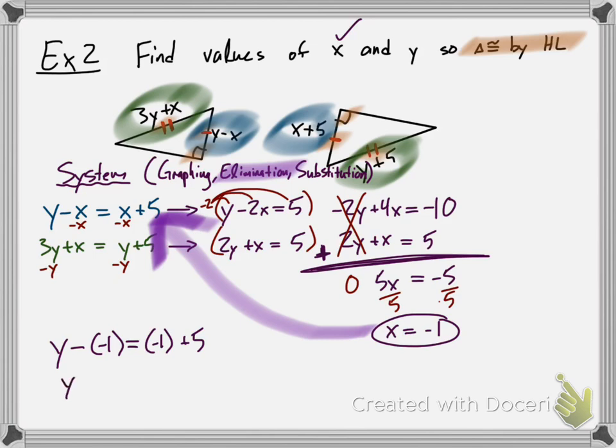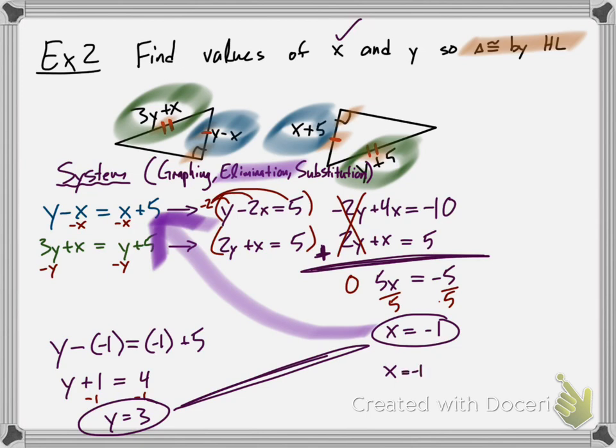And we end up with y plus 1 is equal to, this would be 4. And we subtract the 1 from both sides. And y is equal to 3. So together, our answer would be x is equal to -1, y is equal to 3.